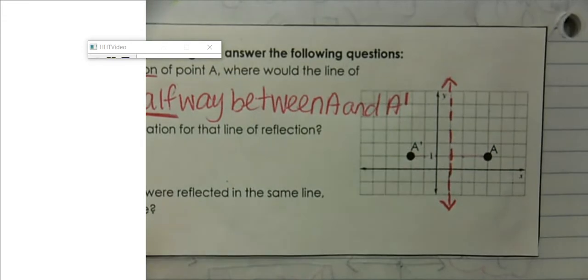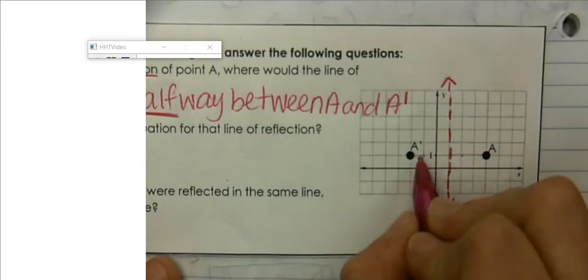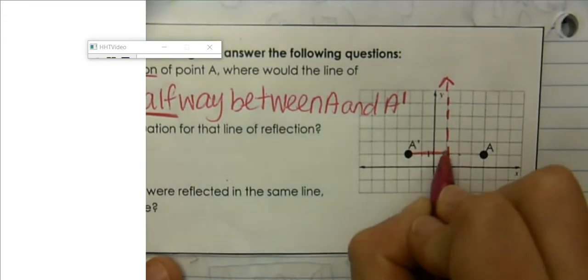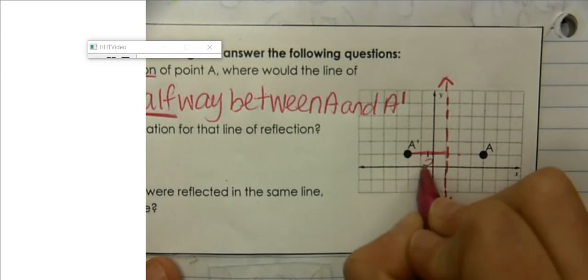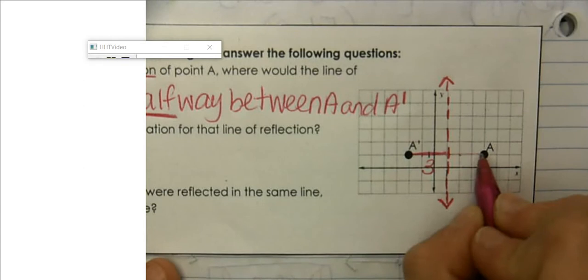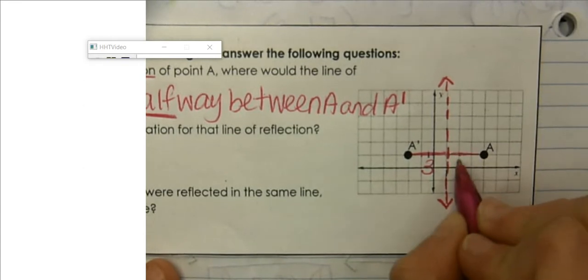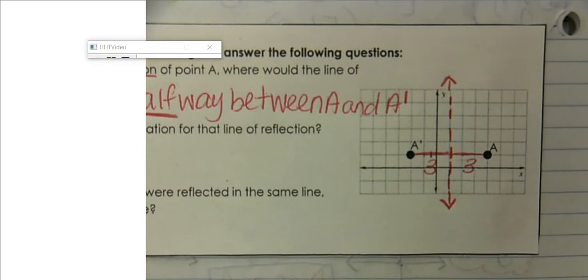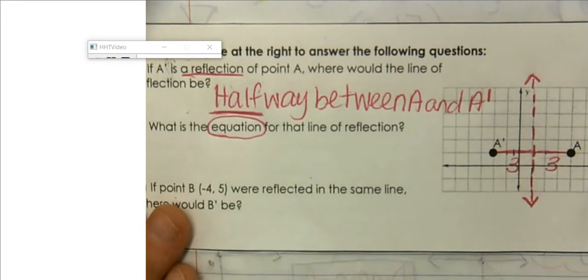And if you look, this point is 3 units away from the line of reflection, and point A is 3 units away from our line of reflection. They are equidistant. So now the question is, what is the equation of this line of reflection?